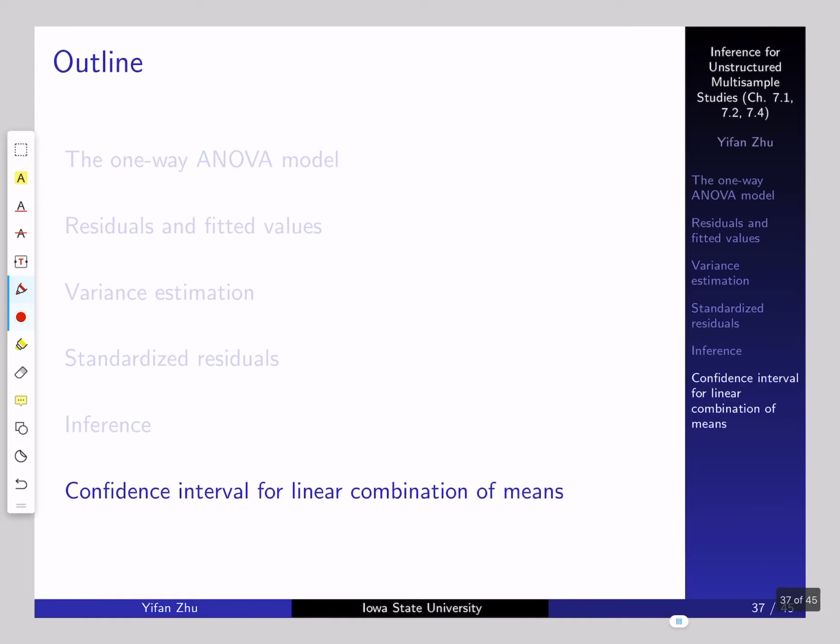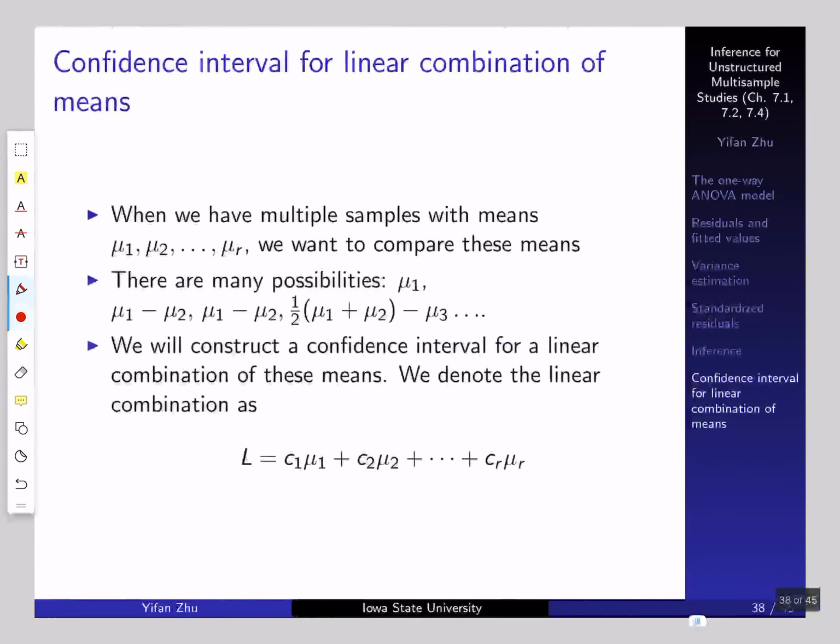Okay, the last thing is the confidence interval for a linear combination of means. In the one-way ANOVA model, we have multiple samples from multiple populations, and these populations have means from mu1 to mu r, and we are interested in comparing these means.